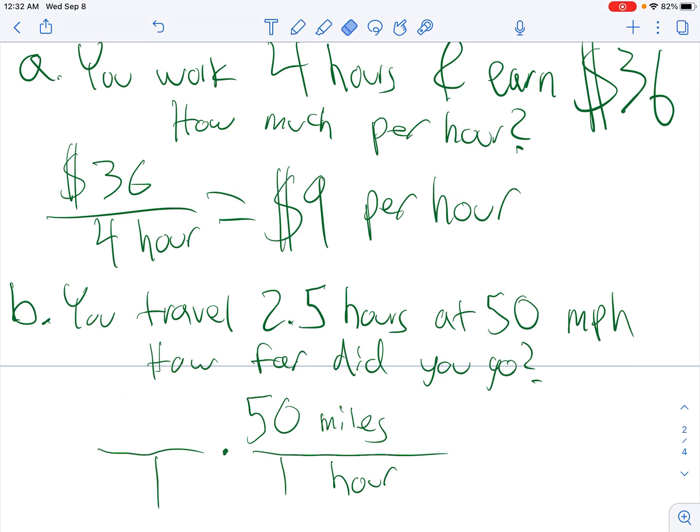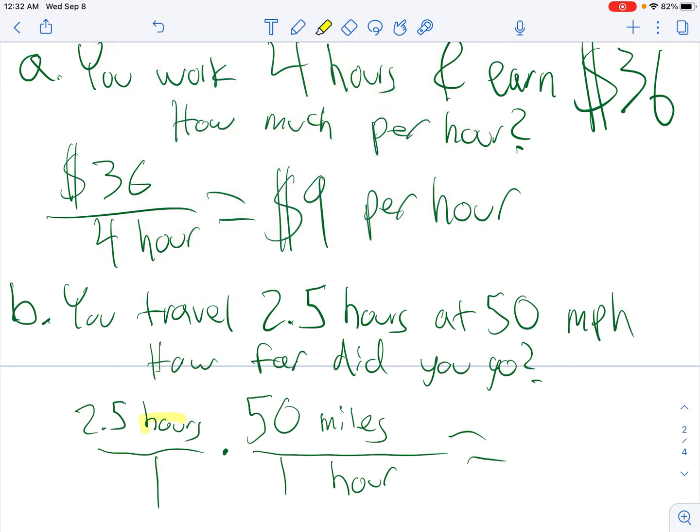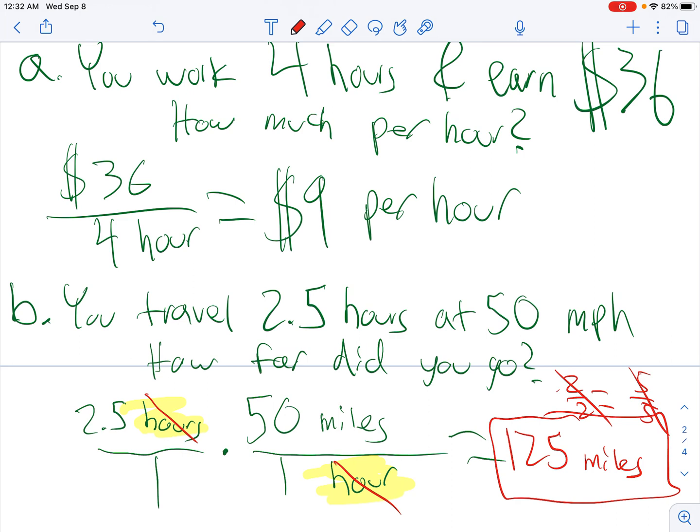And again, I should have labeled this better because this needs to be labeled as 2.5 hours. Okay, I see that, hey, I have an hours label on the top and I have an hours label on the bottom. So just like when we divide anything, 2 divided by 2 cancels out, 5 divided by 5 cancels out, hours divided by hours cancels out. So all I'm left with is 2.5 times 50, which gives me 125 miles.